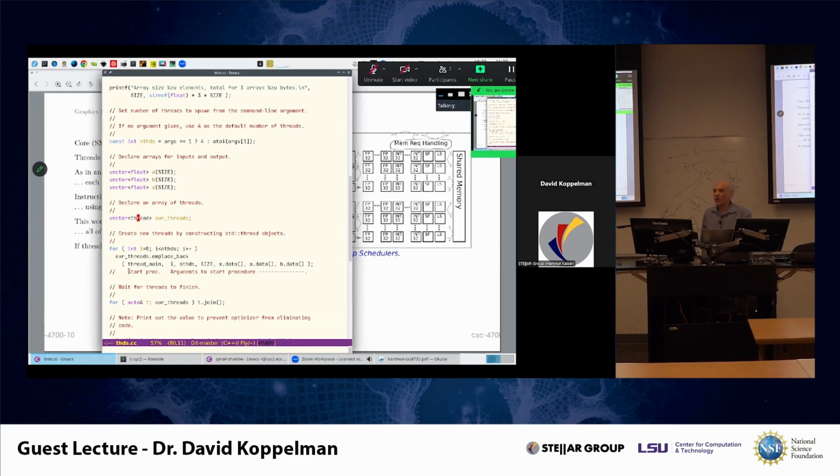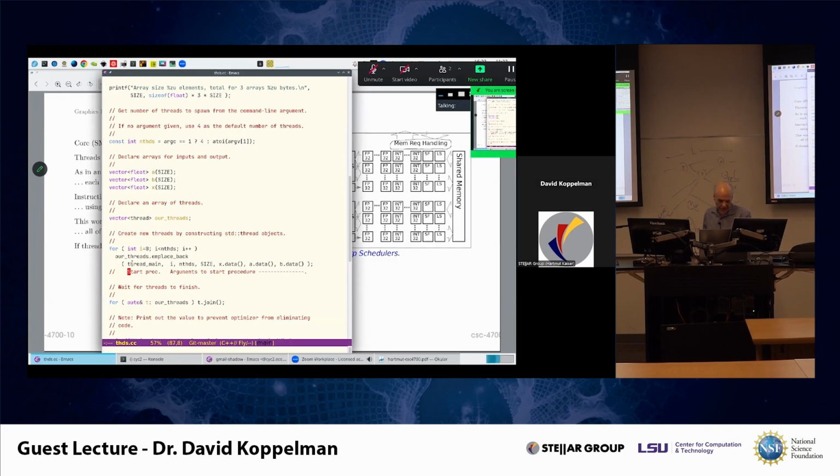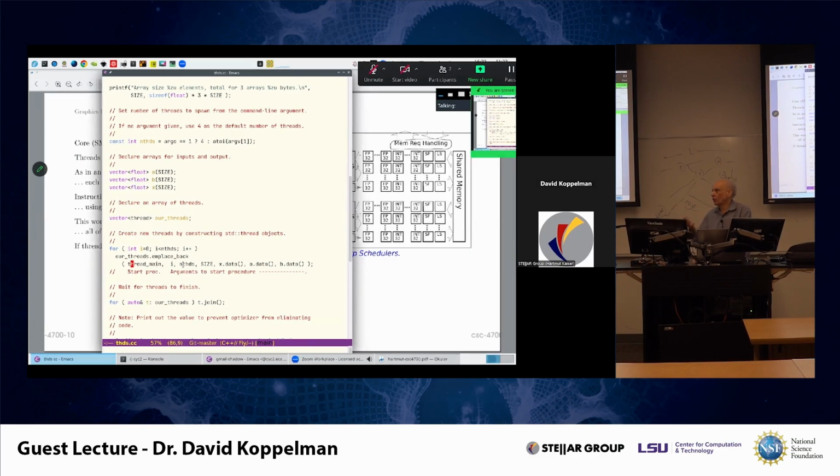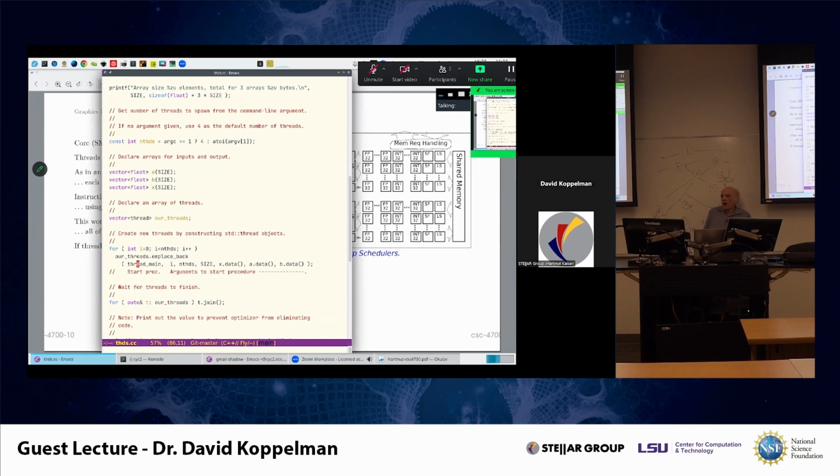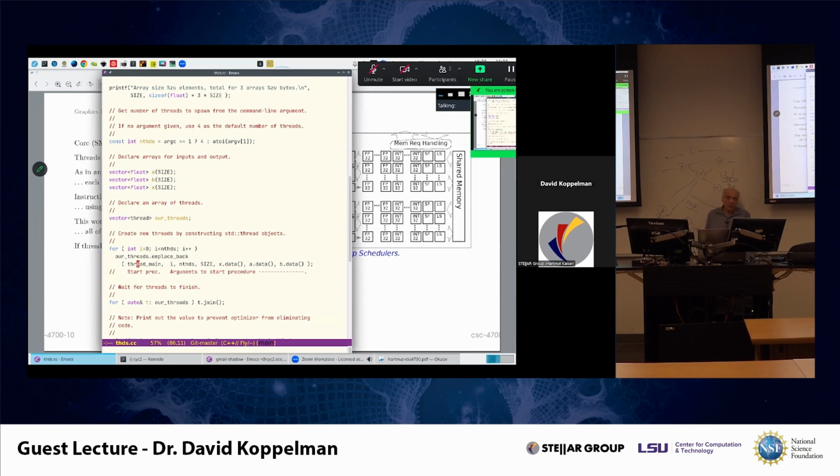When we call a constructor, we call it with the name of the procedure that the thread runs, and everything after it are arguments of the procedure. Since we wrote the procedure, we know what these arguments do, and it runs. So this is how threads are started on the CPU using the C++ library.